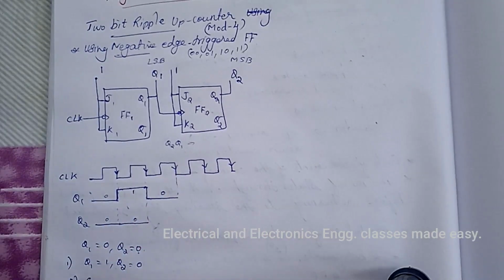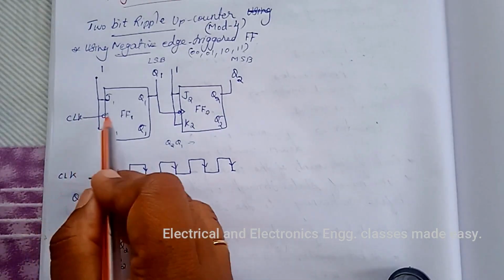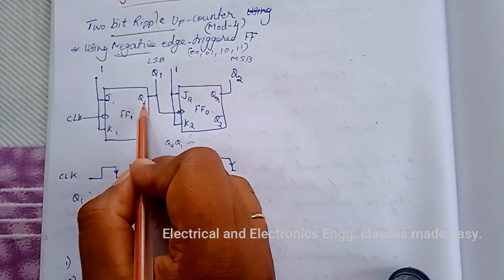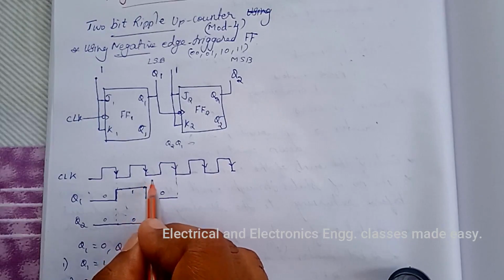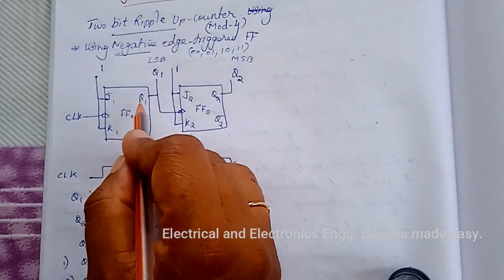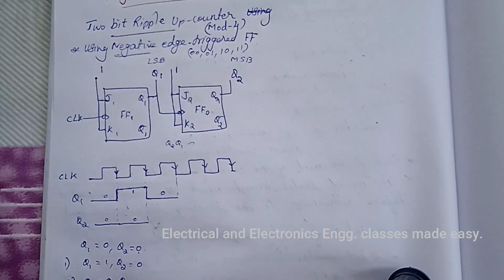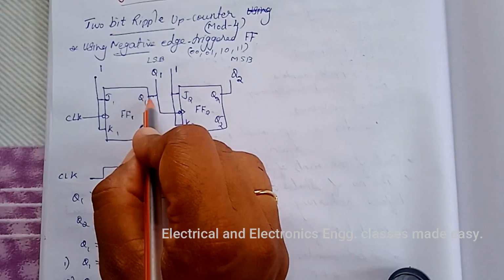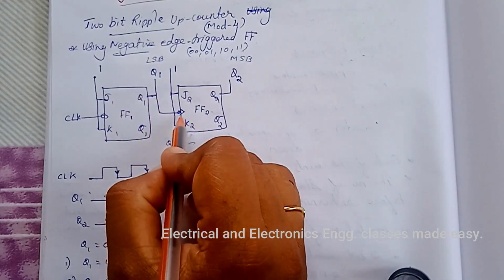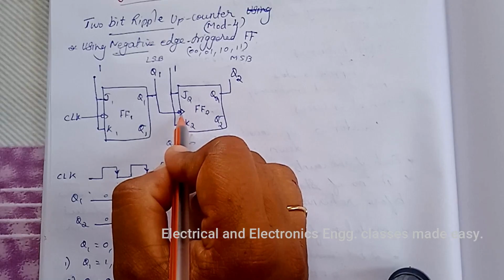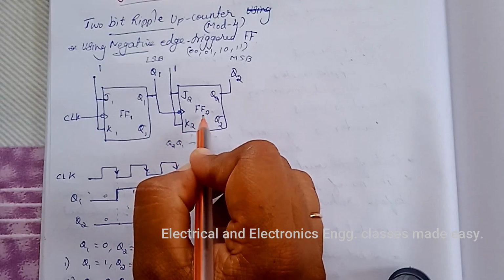That is, after the second clock pulse, Q1 toggles, it will become 0. Then what will be Q2? This 0 is applied at the clock input of the second flip-flop.